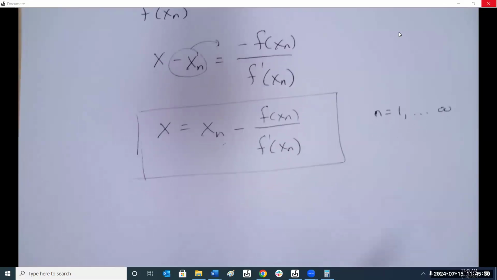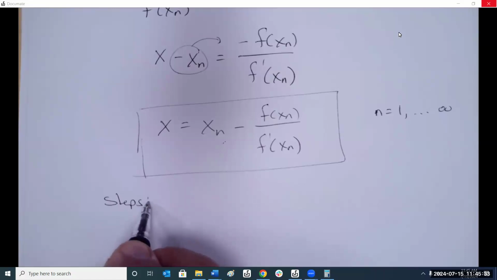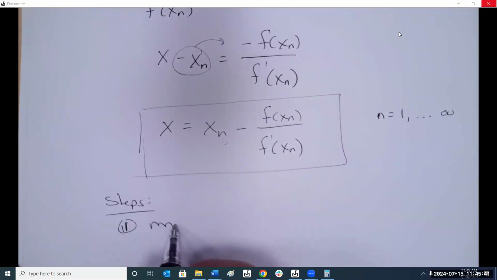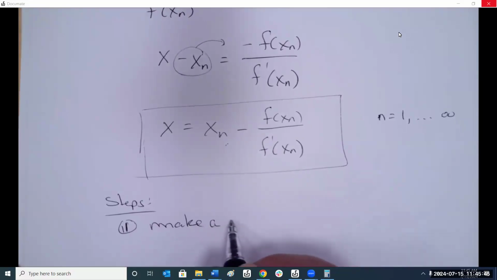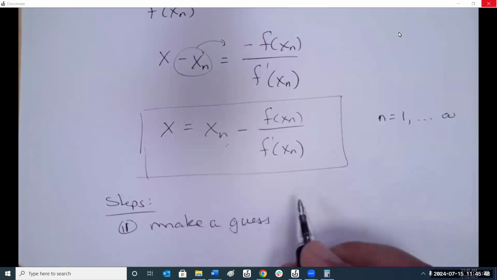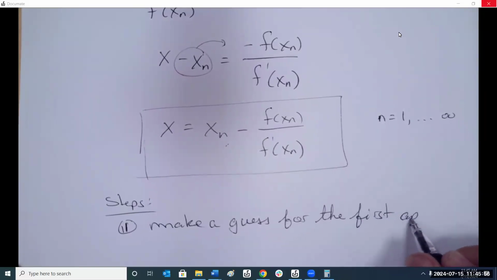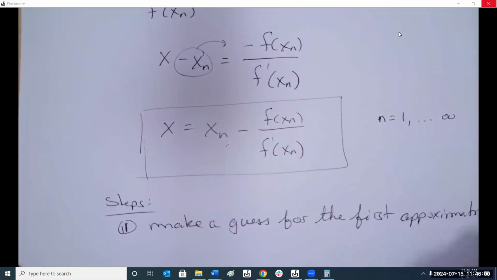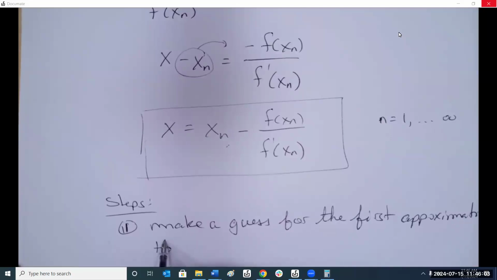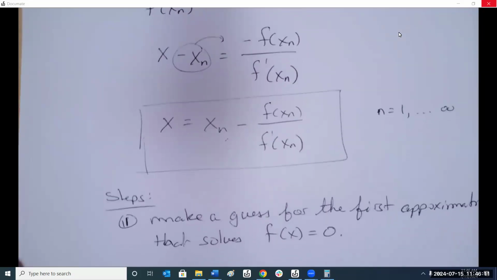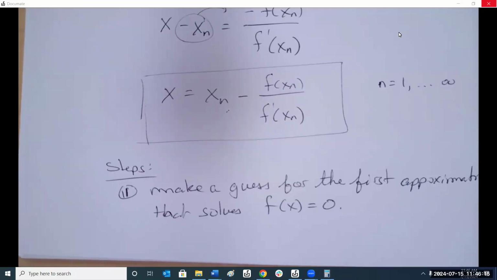So what we have to do first is make a guess, because remember, we're trying to find an approximation that solves that. So make a guess that approximates.